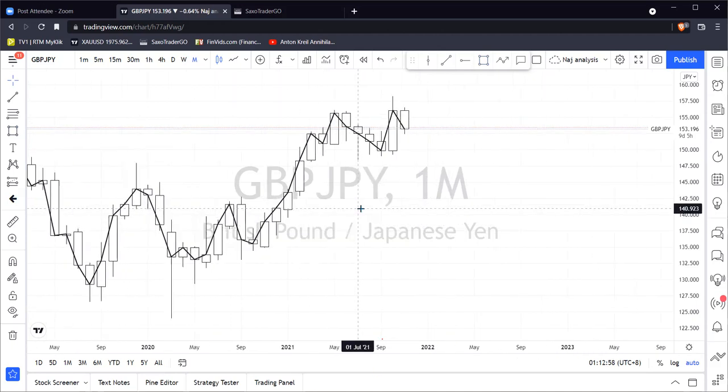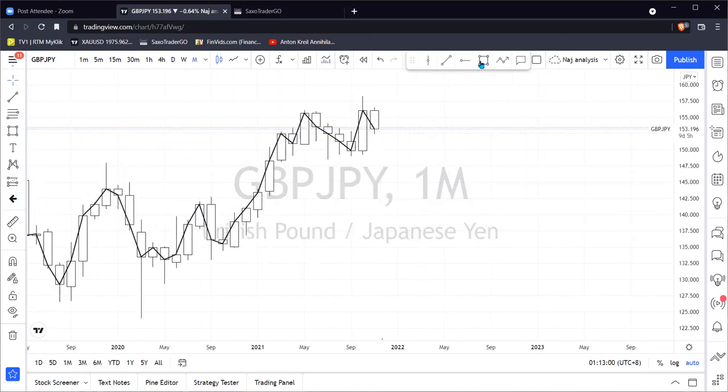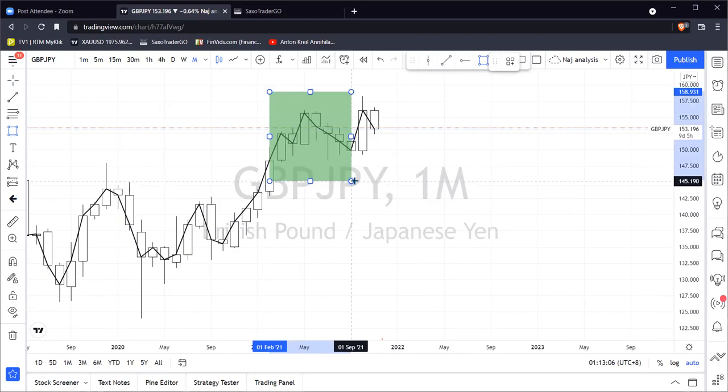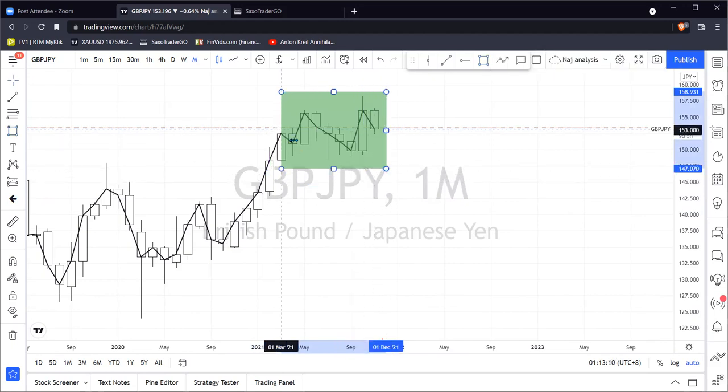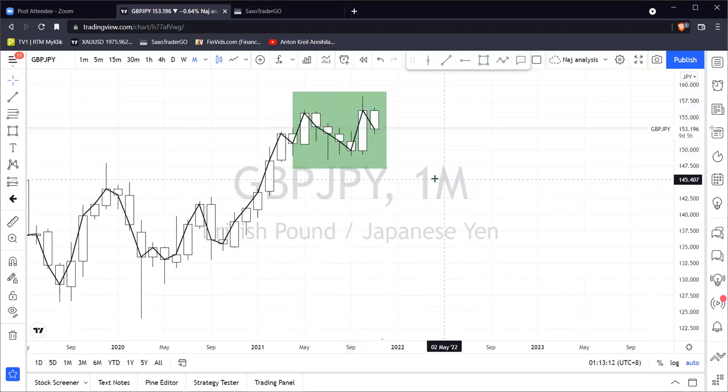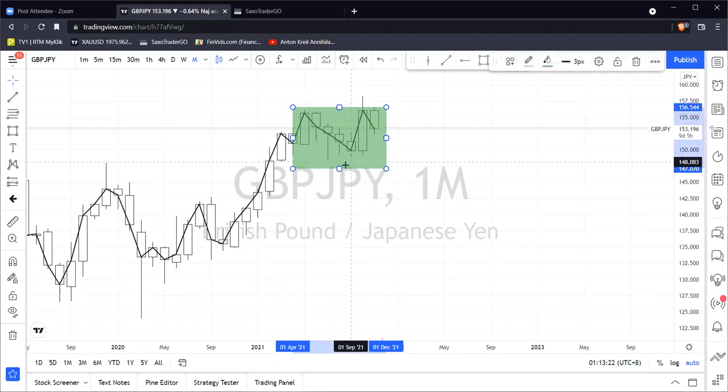Okay, so looking at monthly first. What do we see here? I'm just going to do some back testing first, before we go ahead to probably some signals, but make sure there's confirmation. First of all, we take a look at monthly just to identify why it actually dropped there.